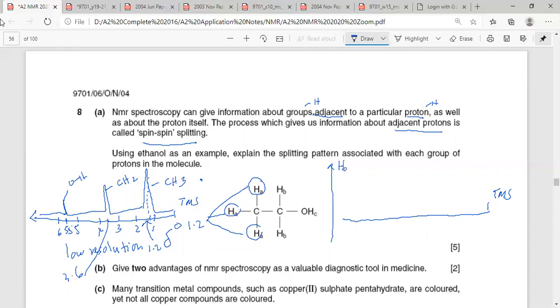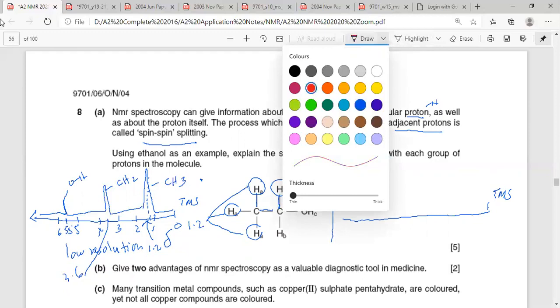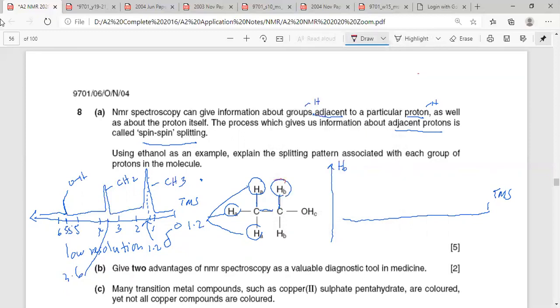The field here is now affected by protons adjacent to this HA. Adjacent means what? 3 bonds there. So 1, 2, 3. That means this fellow here and this fellow here, both of them are adjacent to this one.